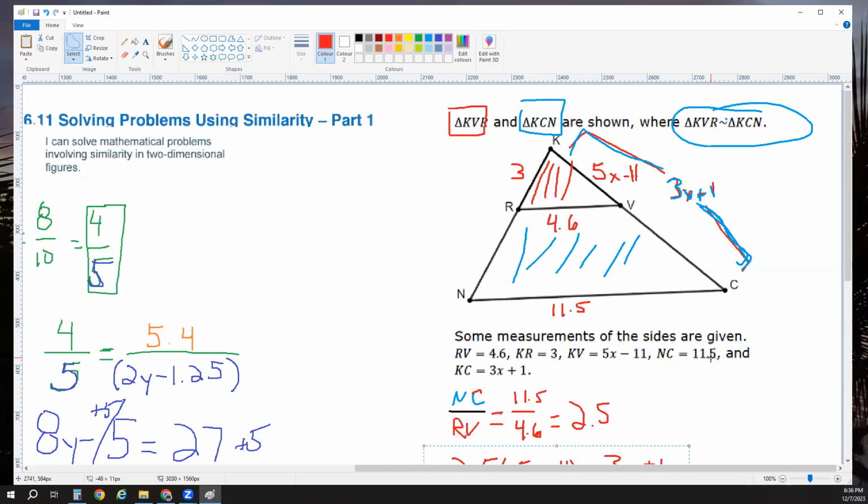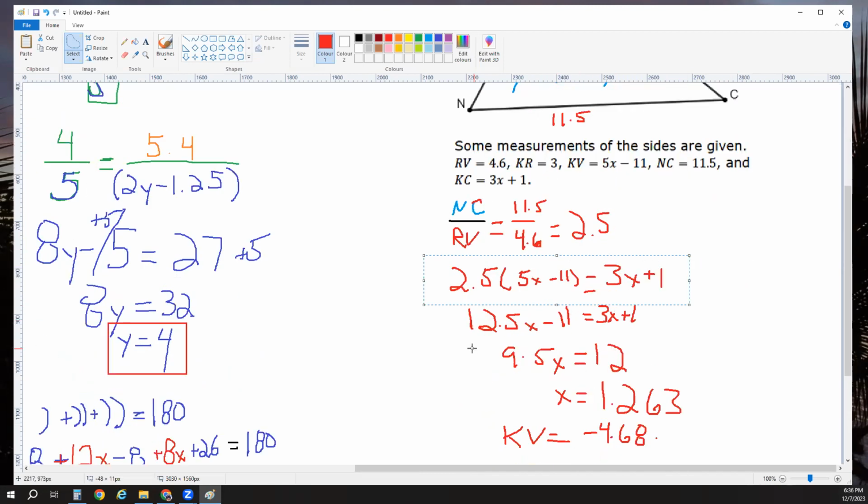This means that 2.5 of these equals this. And that is not necessarily a true statement. Okay, if I want to make this correct, this is how I'm going to have to set this up. So I'm going to have to set it up like this.